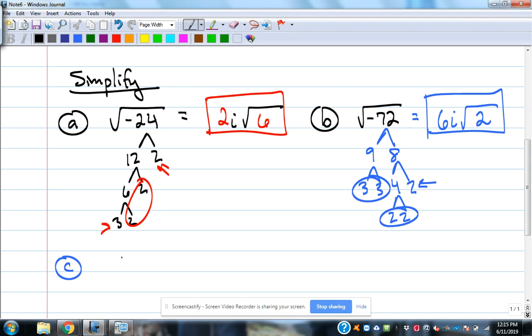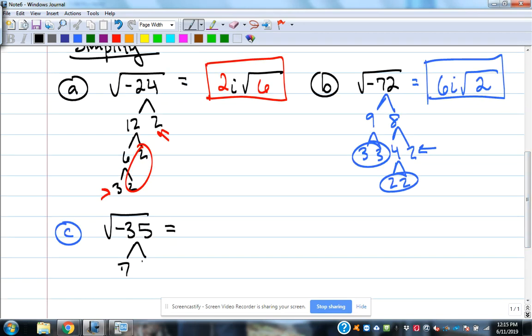Example C, maybe a simpler one, but sometimes can cause confusion. Maybe is the square root of -35. So 35 breaks down to 7 times 5, but those are both prime, and neither of them have a pair or a buddy to go with them.